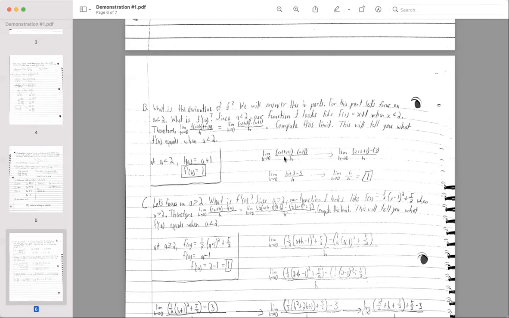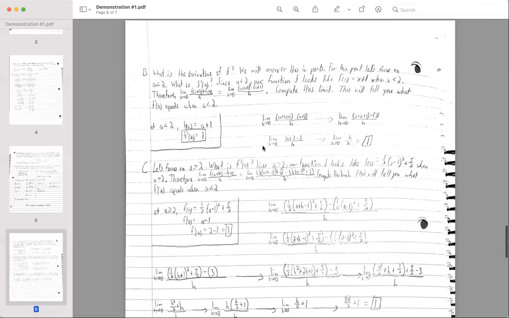So plugging in 2 is going to give you 2 plus h plus 1, so h plus 3. And then a plus 1, which is 2 plus 1, so another 3. That'll give you h plus 3 minus 3, as you can see right here, all over h. These will cancel out, and that leaves you with h over h, which is just 1. And so you can see that the derivative when a is less than 2 is equal to 1.